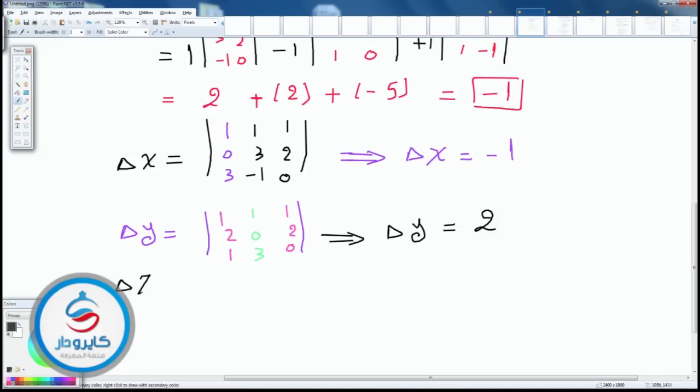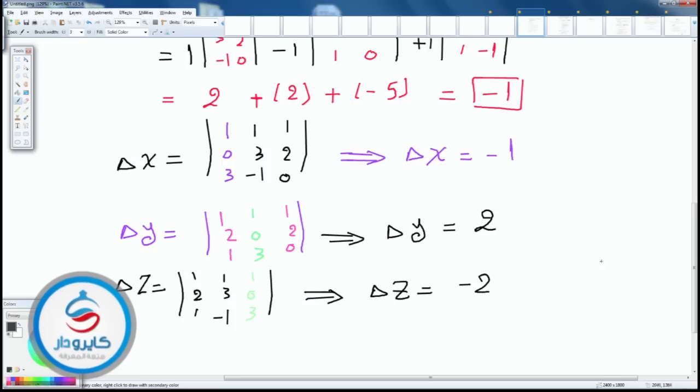Also, we have to calculate delta z equals 1, 2, 1, 1, 3, negative 1, and change the third one by 1, 0, 3. So the delta z, sorry, it will be negative 2.